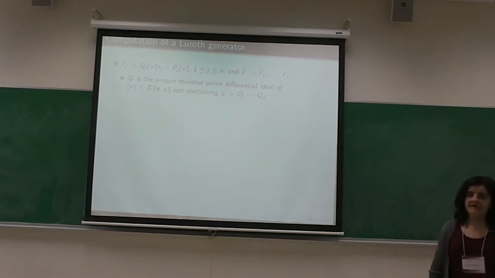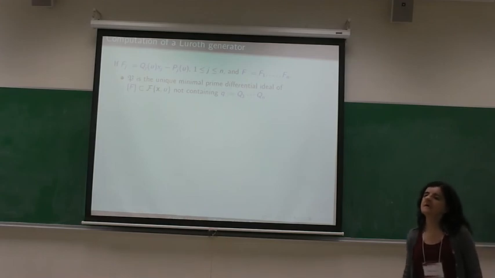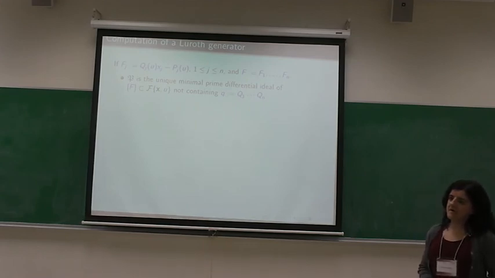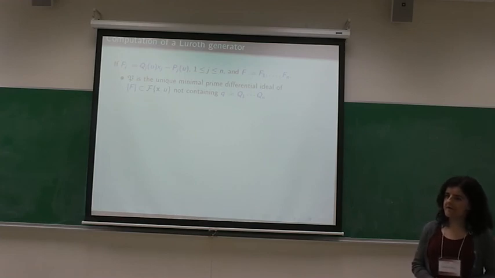Any other questions? I have another question. Are you interested in doing this for arbitrary differential fields, or would it be satisfying enough to do it in the case that F is, say, differentially closed? Would it be a big barrier to assume that F was differentially closed?